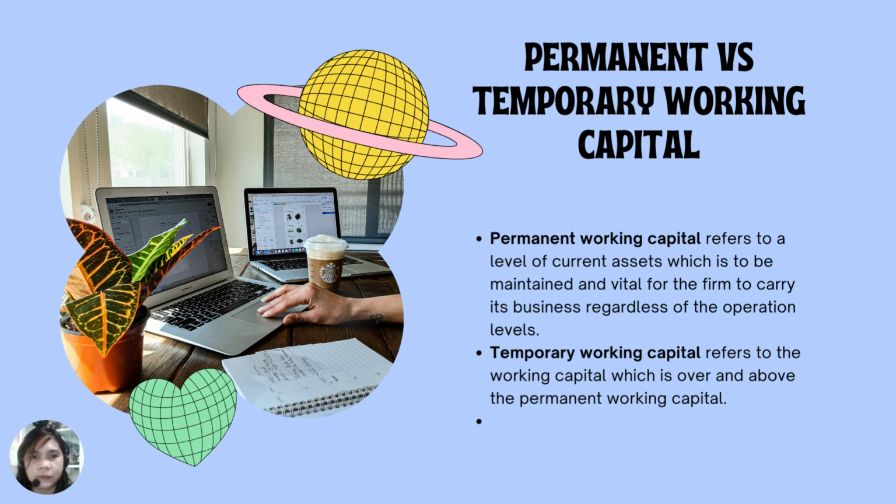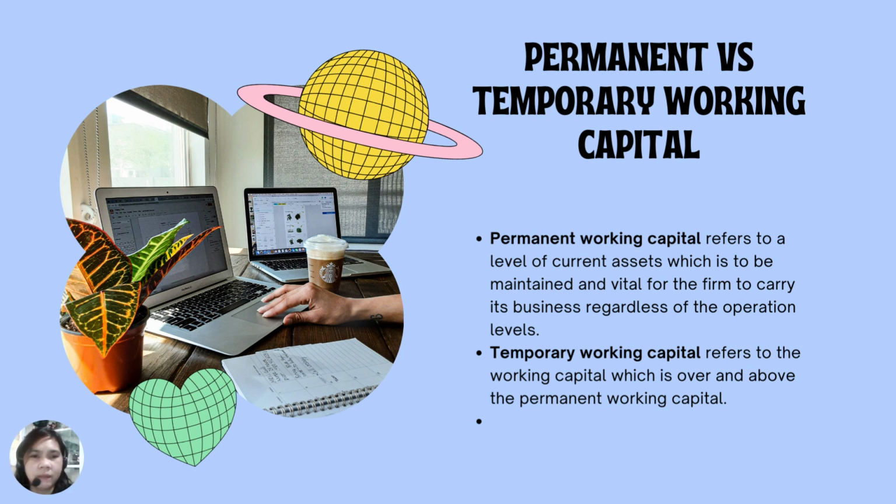Since permanent capital, hindi talaga nakadepende yun sa mga factors na pwedeng maging cause ng closure, okay, ng isang business. Pero po sa temporary working capital, since fluctuating, okay, from period to period, nakadepende po yun sa mga factors as it keeps on fluctuating from period to period.